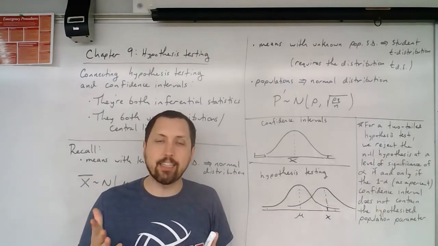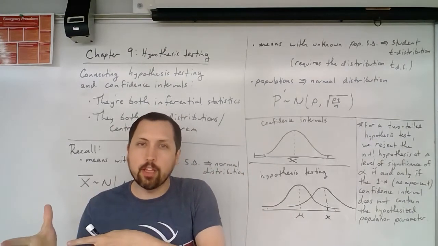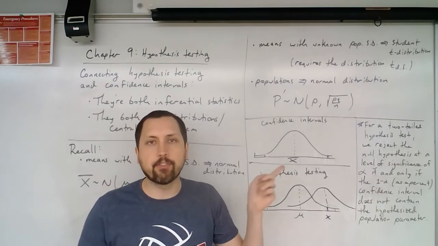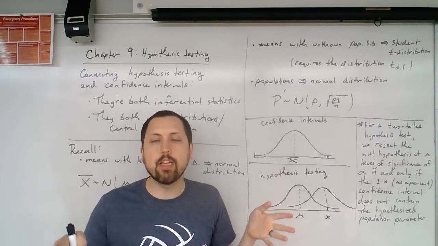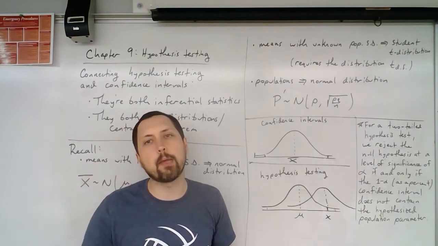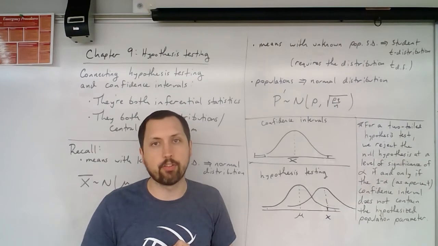Technically, doing one of them is somewhat doing the other one, except it's giving you slightly different information. The confidence interval gives you a range of values, as opposed to hypothesis testing, which has some type of definitive claim at the end of whether or not we reject the null hypothesis.